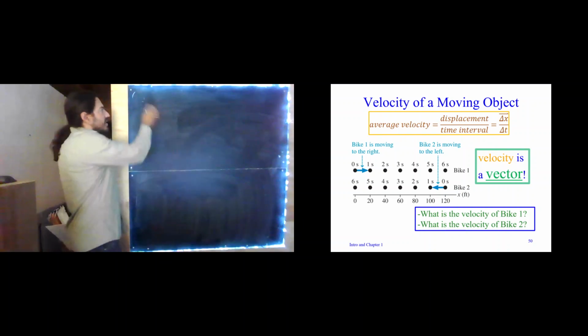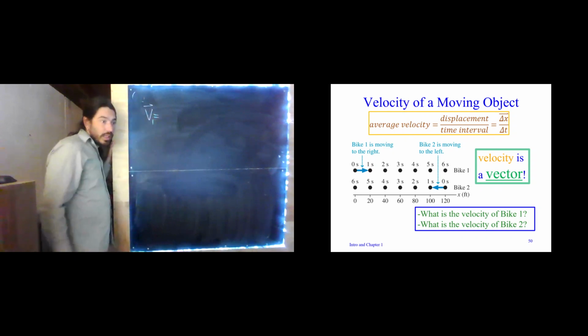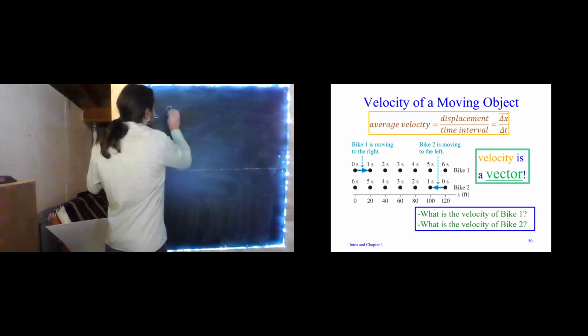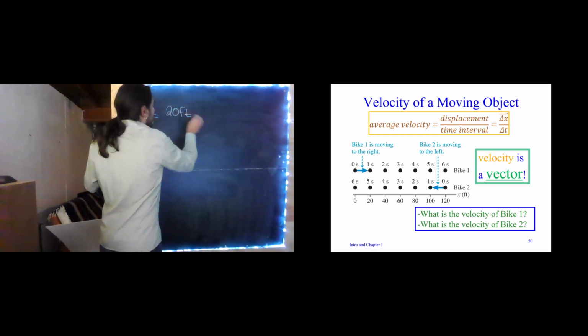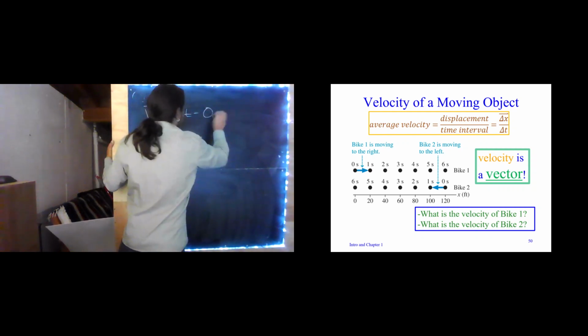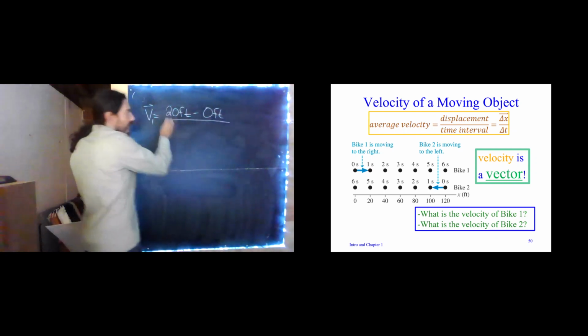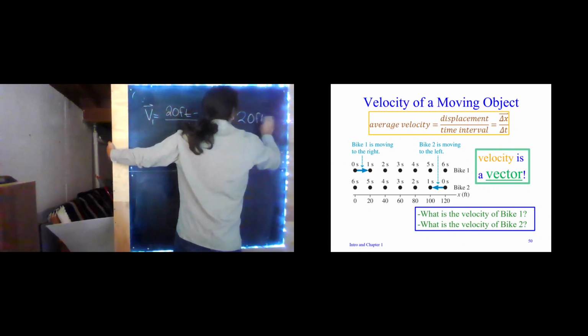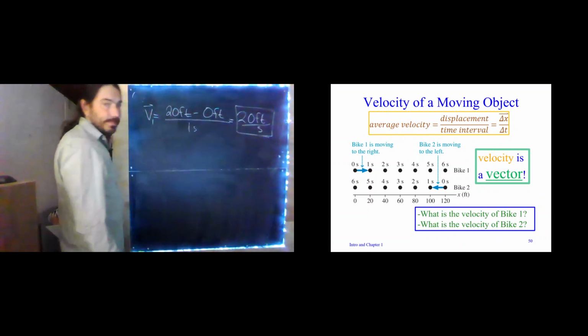In this case, my velocity of bike 1 is going to be final minus initial position, so that is 20 feet, minus 0 feet, over 1 second, 20 feet per second.